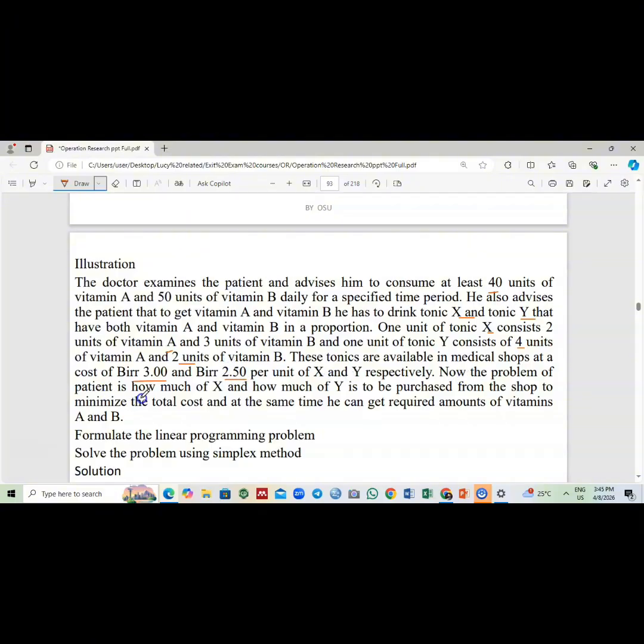Now the problem of the patient is how much X and how much Y is to be purchased from the shop to minimize the total cost and at the same time get enough amount of vitamins.